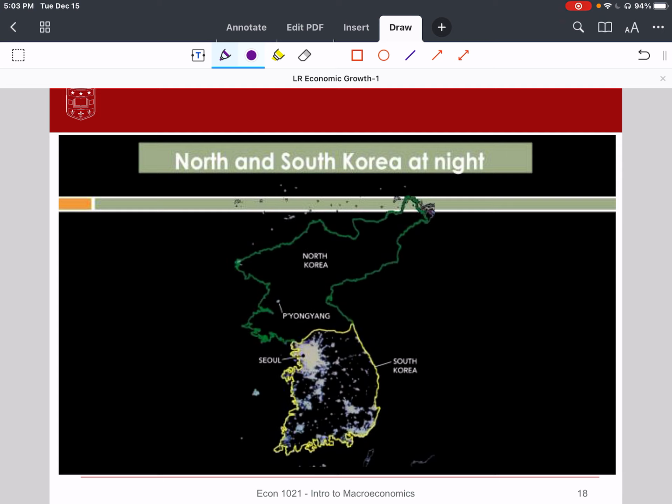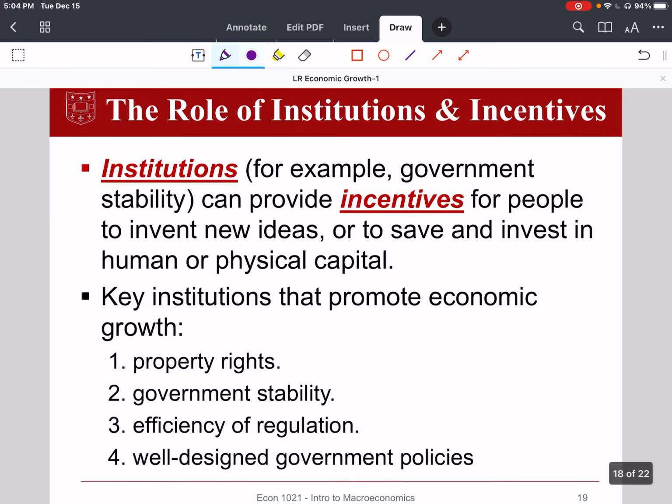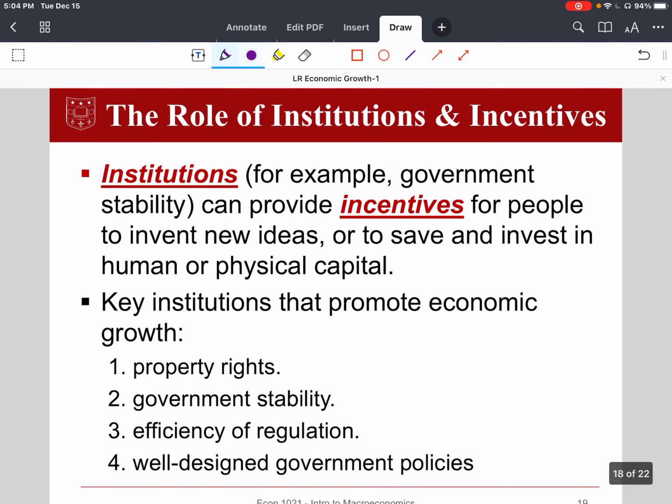I think this is a useful way of thinking about the role of institutions and incentives and why they're so important in terms of economic development. So, what do we mean by this? Institutions, for example, government stability, but we have the institutions listed below, are the foundation because they provide the incentives that guide people's decision making regarding the invention of new ideas or guiding their decisions about whether to undertake investment in human capital or in physical capital.